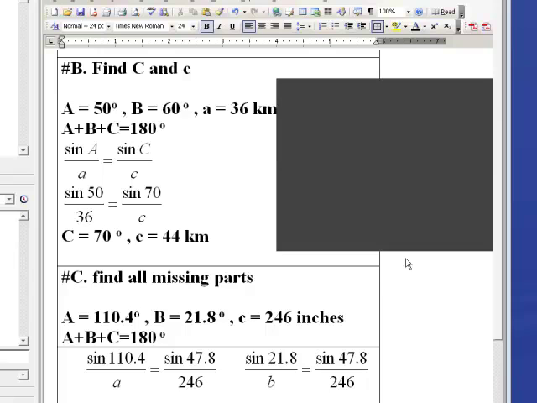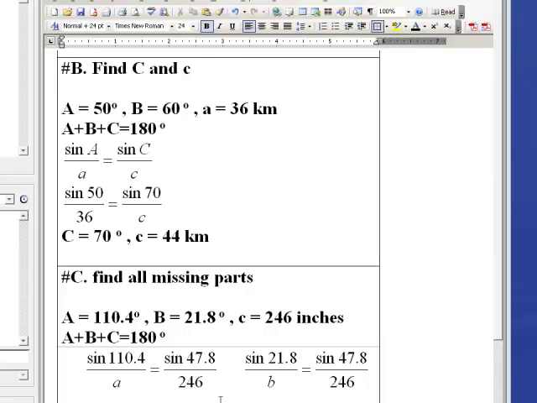So let's see, sine of 21.8 divided by the sine of 47.8 multiplied by 246. Come up with 123.3, or around it 123. It really looks like we need 3 significant figures.